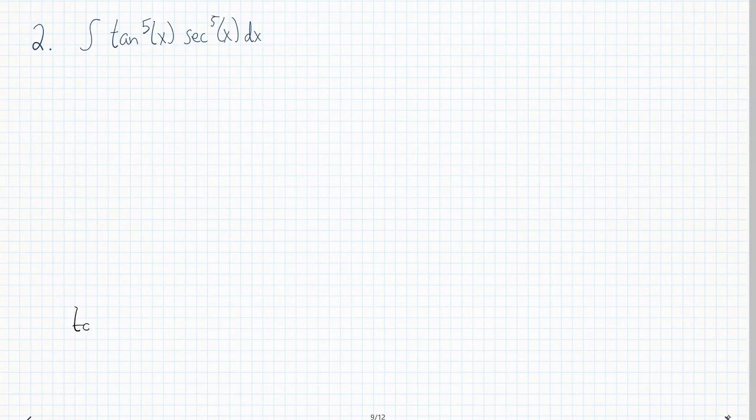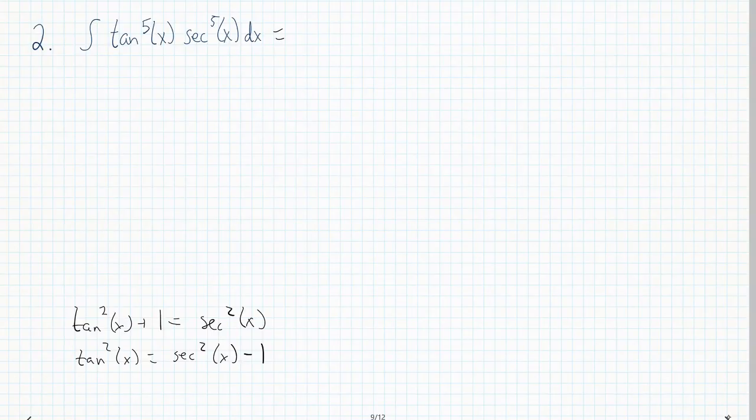You have an option tangent squared x plus 1 equals secant squared x, or you could do tangent squared x equals secant squared x minus 1. Either one you can work with.